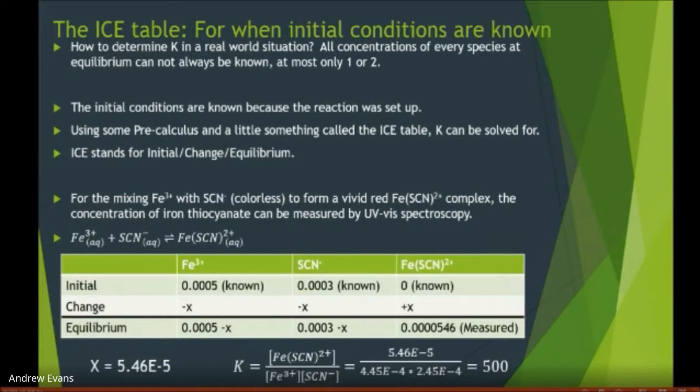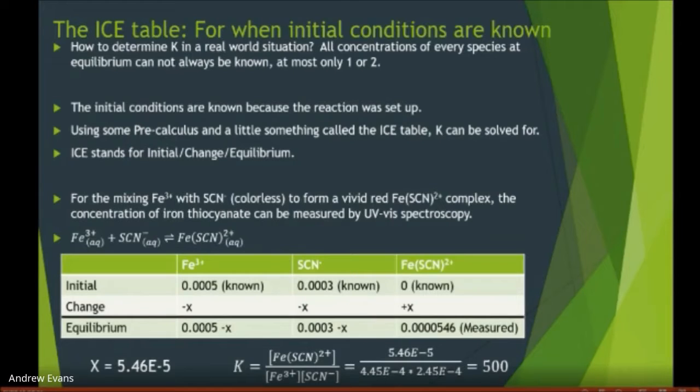But because of the deep red color, we can easily measure the wavelength of absorbance. So if this appears deep red, this absorbs strongly in the green wavelength. And we can measure this and figure out concentration of iron thiocyanate based on Beer's law, where absorbance is equal to the molar absorptivity times path length times concentration.